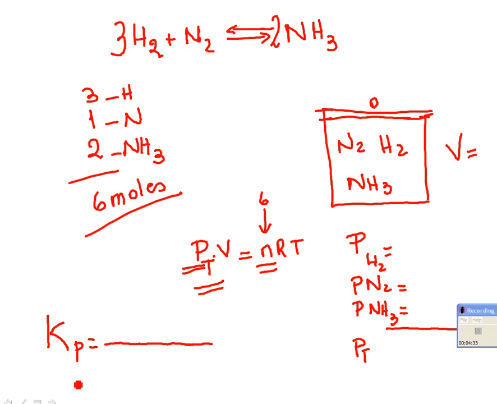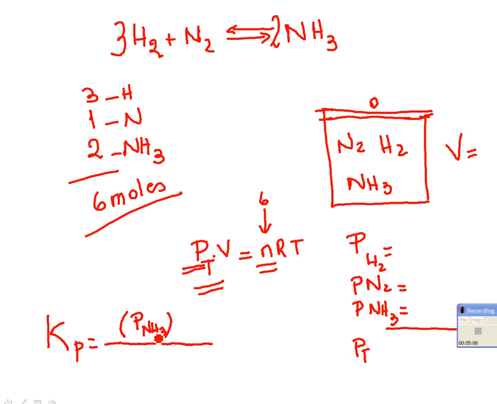So Kp is going to have exactly the same expression that we use for Kc, but instead of using the concentrations, we are going to use the partial pressures. Now, in this case, we have the partial pressure of ammonia. So instead of brackets for concentration, we are going to use parentheses. P of the ammonia, NH3. Do you follow me?